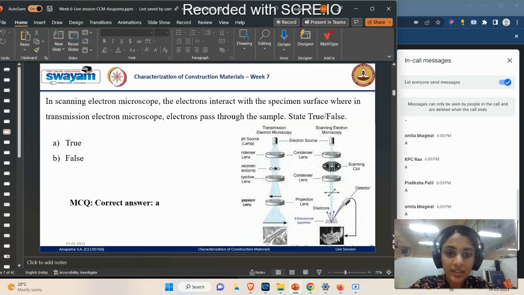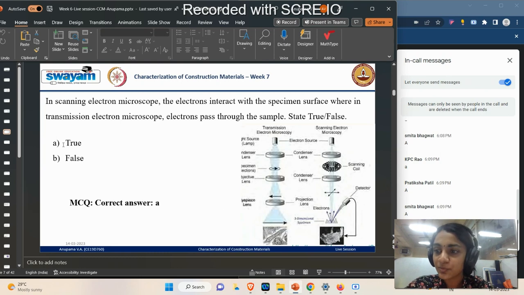That can happen. So these are known as the interactions. So these can happen in the case of scanning electron microscopy. Here it's not passing through. But in the case of transmission electron microscopy, that's not the case. Electrons can pass through the specimen. That is the case of transmission. As the name suggests, it is transmitting the electrons through the sample. So the statement is true.